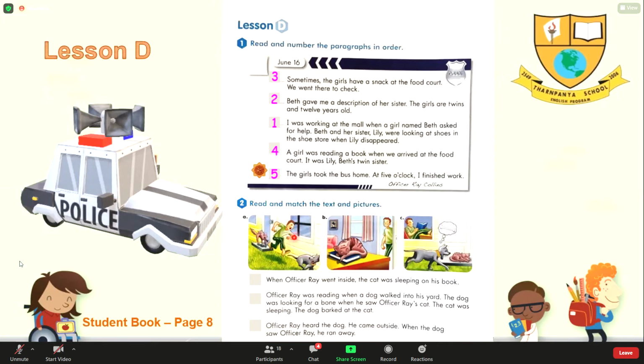Take a look at the picture and tell me which one of these three is the right description for this picture? What's happening in this picture? Who can tell me? Who can read what's happening on this picture? What's happening here?